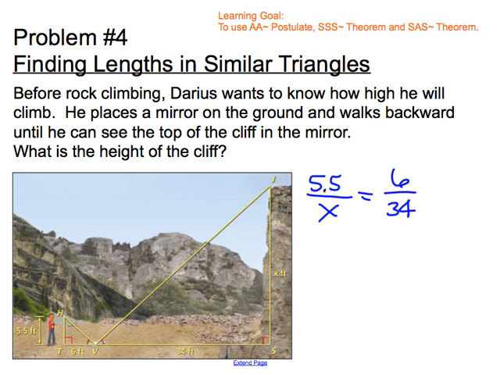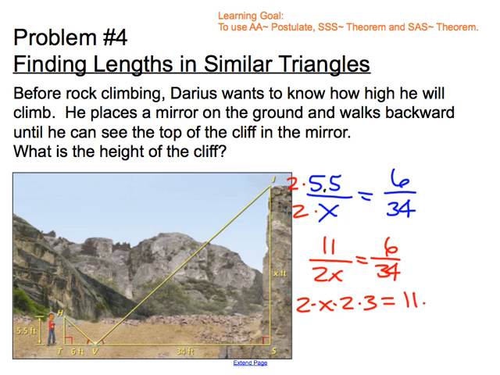Again, here I'm going to use the trick of multiplying both of these by 2 to get rid of the decimal. So 2 times 5.5 is 11, and on bottom we get 2 times x. This equals 6 over 34. So using the cross products property, I have 2 times x times 6, which I'm going to write as 2 times 3, equals 11 times 34, which I'm going to write as 2 times 17.